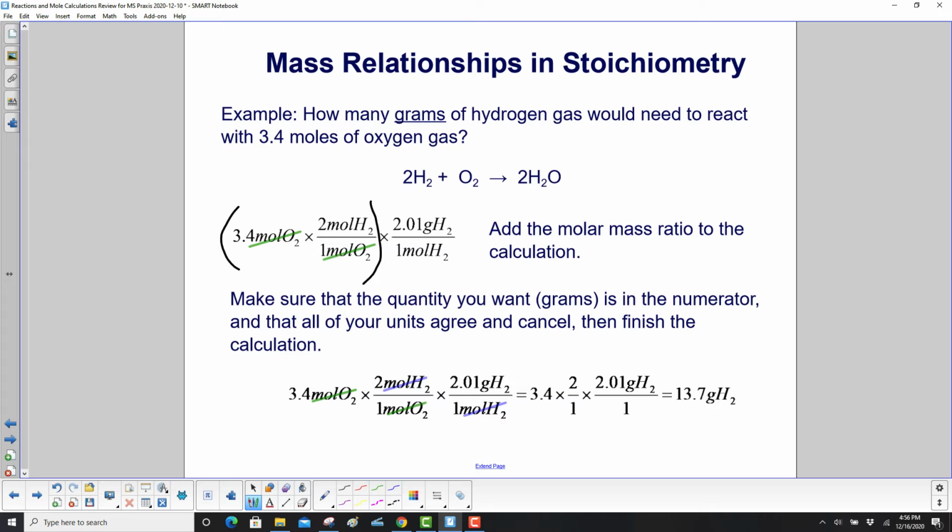Now, make sure that the quantity you want, which is grams, is in the numerator, and that all your units agree and cancel, then finish the calculation. So we have moles of oxygen going out, we have moles of hydrogen going out, and we're left with grams of hydrogen, which is what we wanted. So that's 3.4 times 2 times 2.01 grams of hydrogen, and we get 13.7 grams of H2.